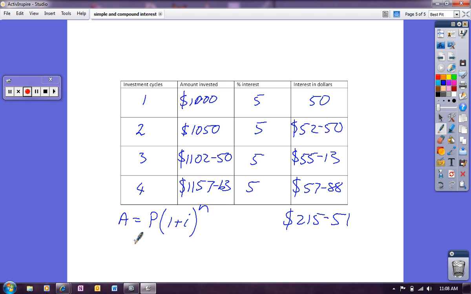That, in this case, equals $1,000 times 1 plus 0.05 or 5 hundredths to the 4th power, because we've got 4 cycles. And that then gives me $1,215.51.